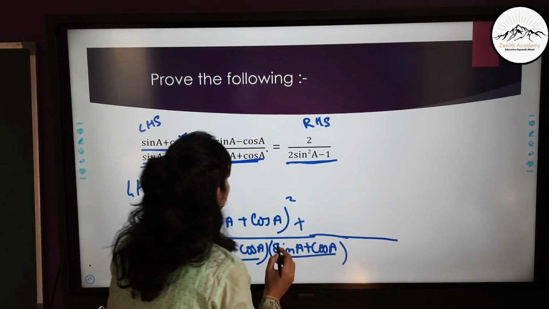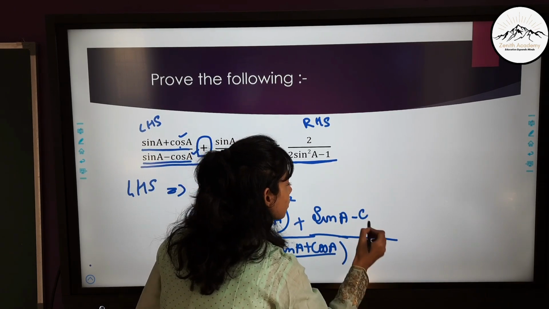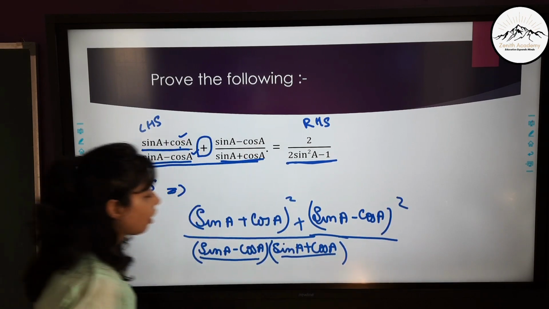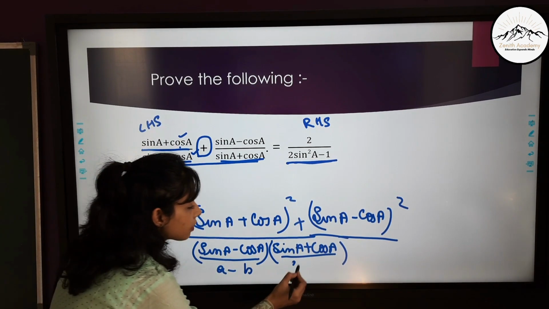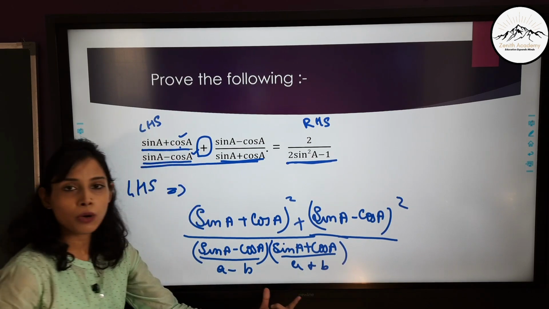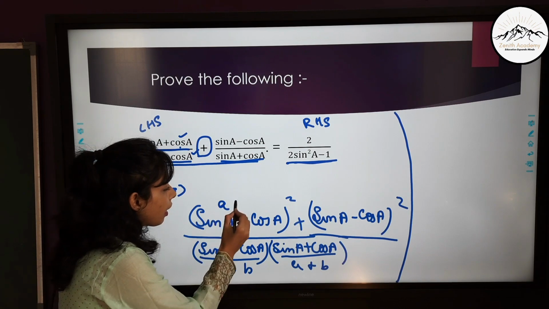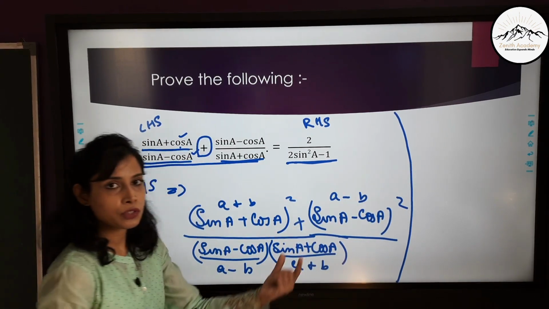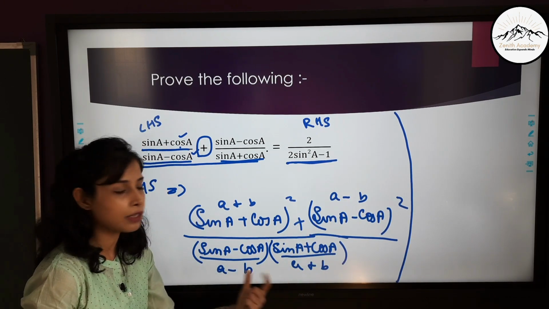So sine A minus cos A whole square. Now this we know, this is A minus B and this is A plus B. So A square minus B square, it is a property, and this is A plus B whole square and this is A minus B whole square. So we just need to open the brackets, and here we need to write the property.